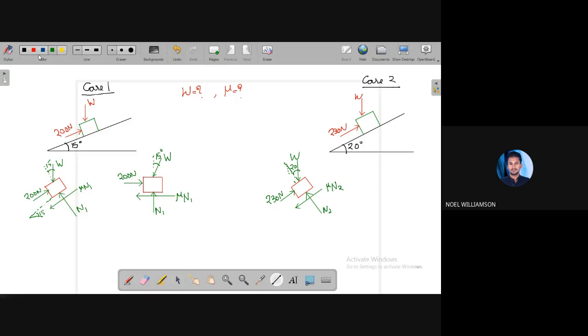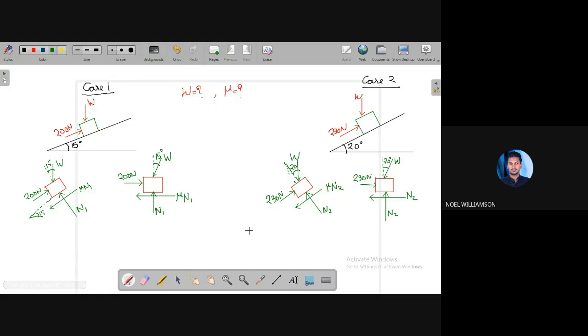We can redraw it: this is the weight which is at 20 degree, then the other forces, 230 Newton, the normal N2, then the frictional force mu into N2. So these are the free body diagrams.